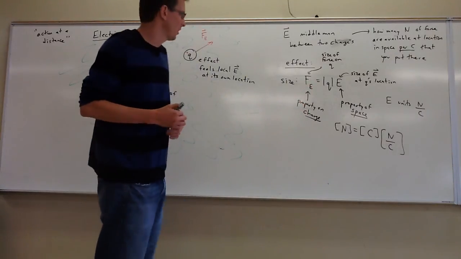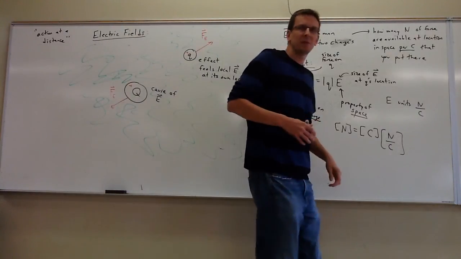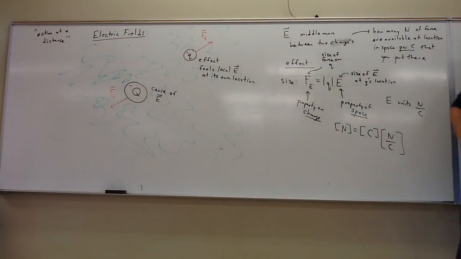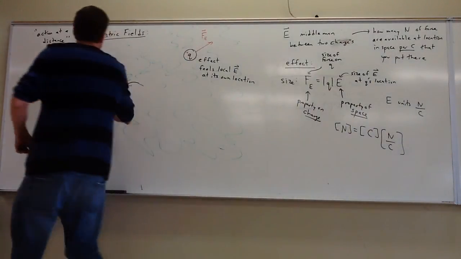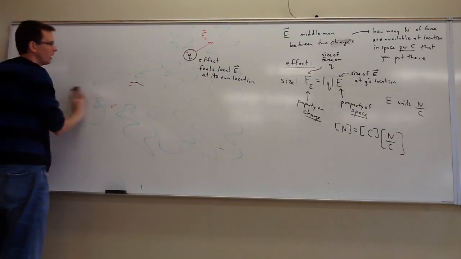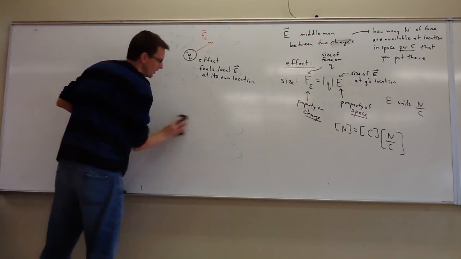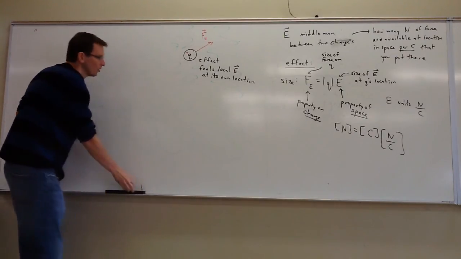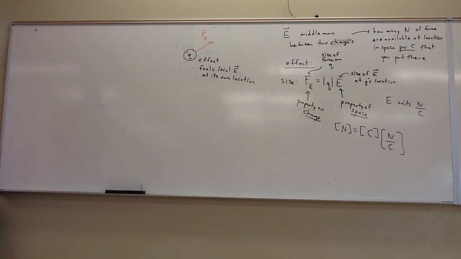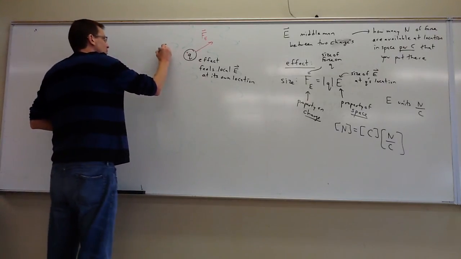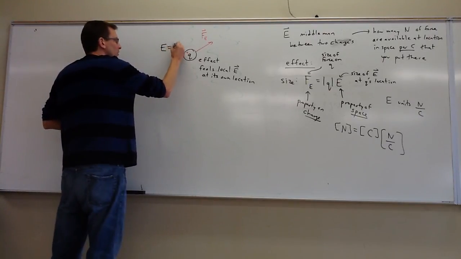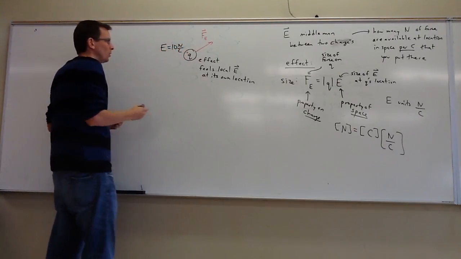So let me give you an example. Let's go back to our original diagram. I'm taking big Q completely out of there because I don't need to know about anything except the local conditions where little q sits. And let's say somehow I know that the magnitude of the electric field at this location is 10 newtons per coulomb.